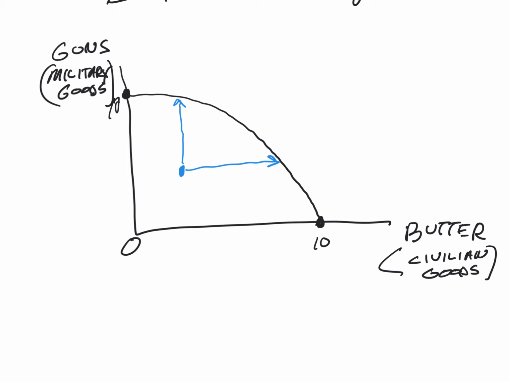So let's suppose that we're here, producing all butter. We're working hard. We've got a nice standard of living, and all is great.